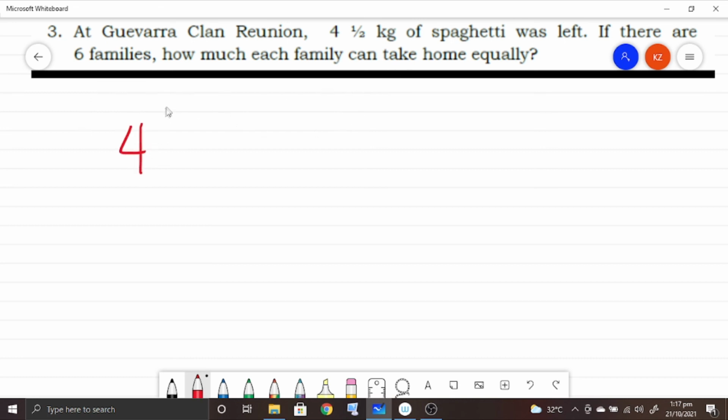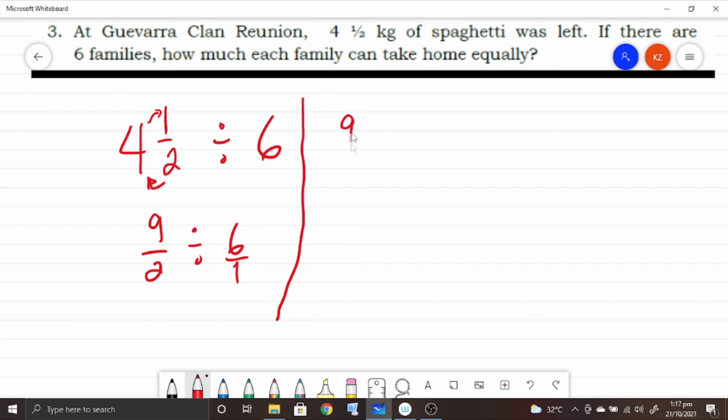Okay, so 4.5 kilograms. So, i-divide daw natin yan sa 6 families. So, again, kagaya na sinabi ko kanina, kapag division of fraction and mixed numbers, so, kailangan nyo munang mag-improper fraction. So, 2 times 4 is 8, plus 1 is 9 over 2, divided by 6. Okay? And then, ang rule of division, kailangan get the reciprocal of the divisor.